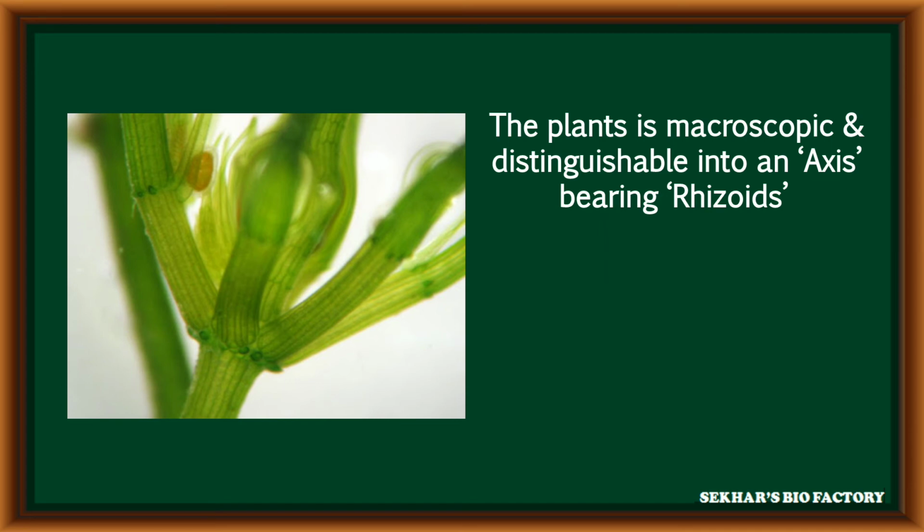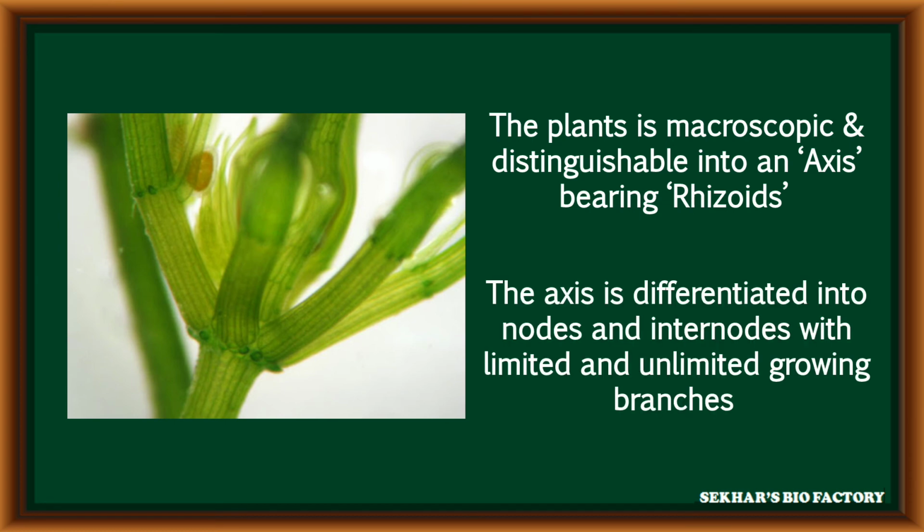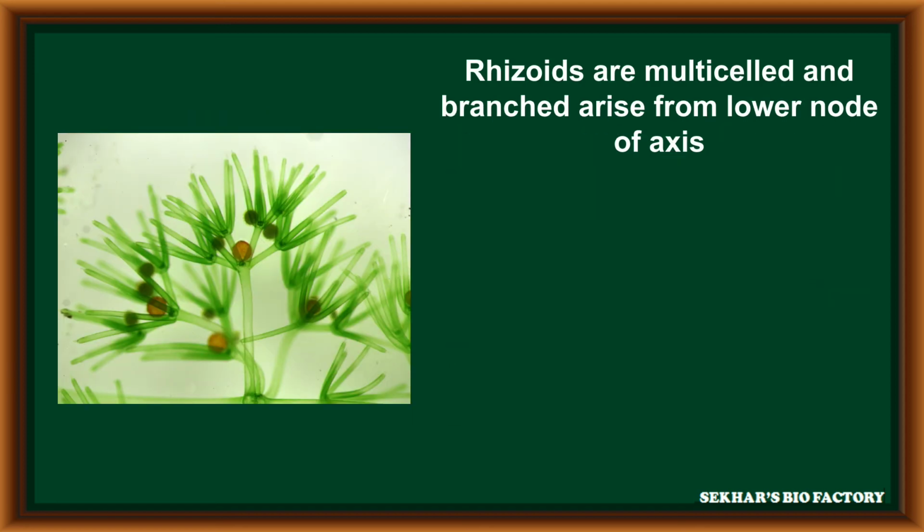The plant is macroscopic in nature and distinguishable into an axis and rhizoids. The axis is differentiated into nodes and internodes having limited or unlimited growing branches. Rhizoids are developed at the bottom, from the lower node. These are multicellular in nature.